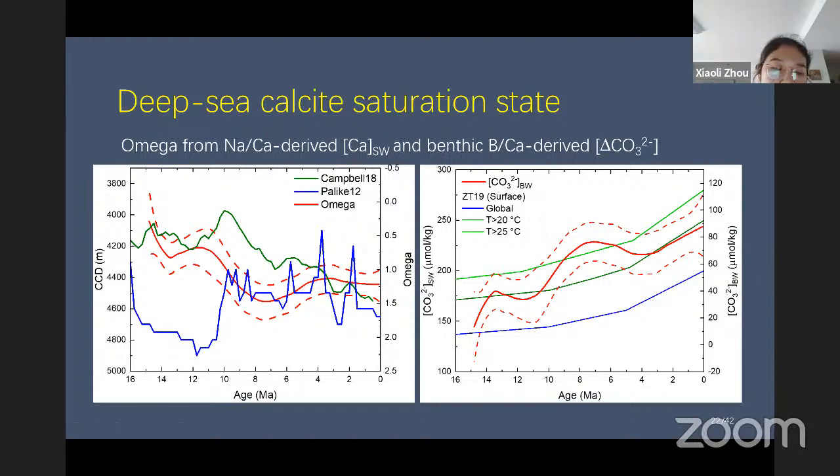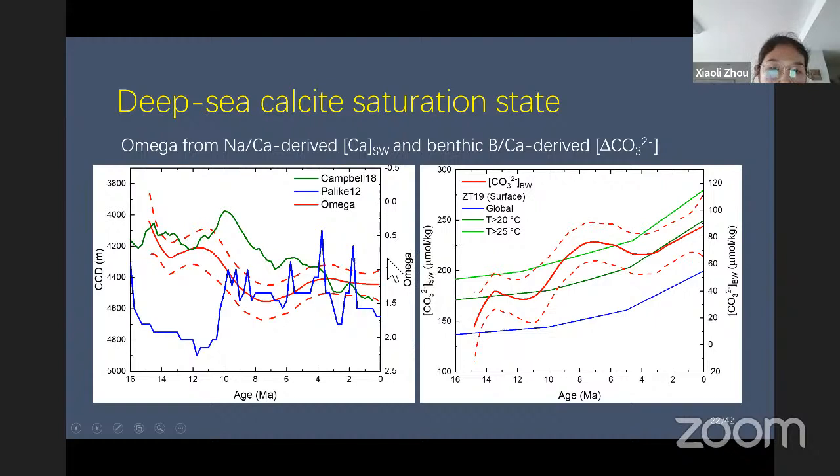So combining these two records, we can generate the record for omega, which is marked here as the red curves. Generally, our record is consistent with the other studies.